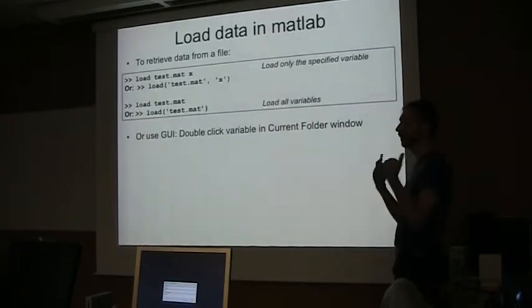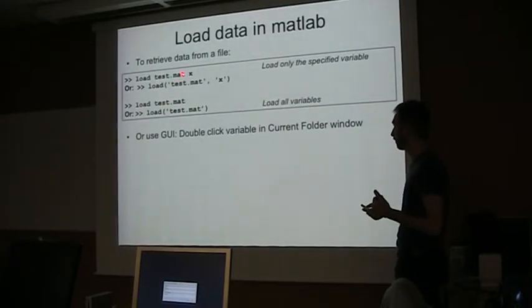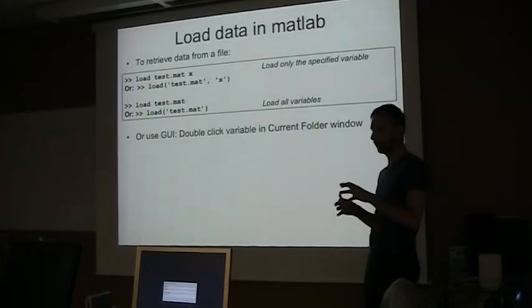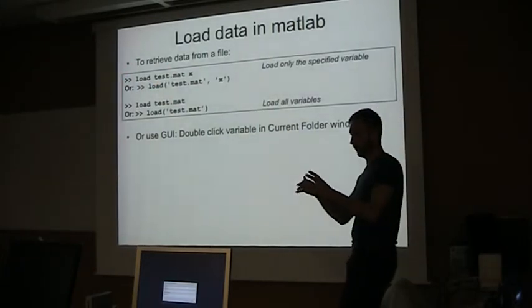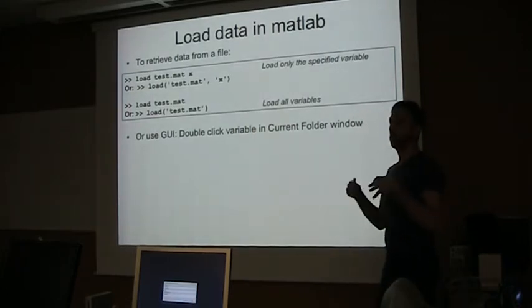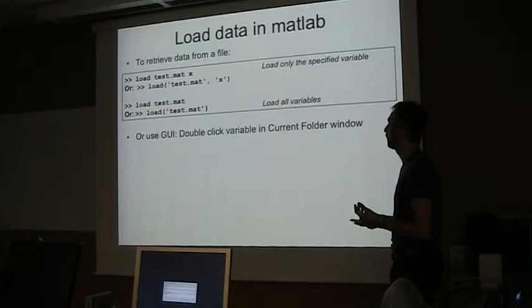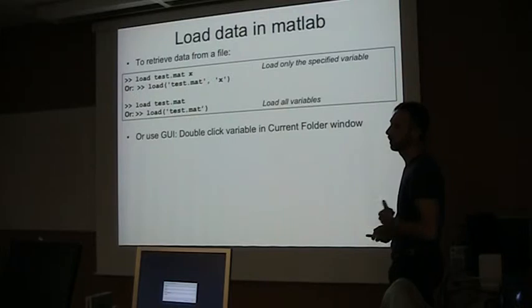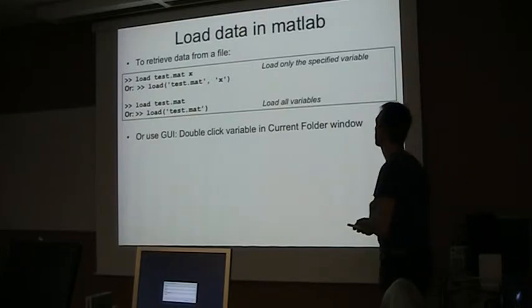How do you now load data? Well, we already saw, I think on Monday we already asked you to type load space and then some name. These were data sets which come with MATLAB. Usually you have to say load some data.mat, and you can also only load, for example, if test.mat contains x and y, you could only load x, say.